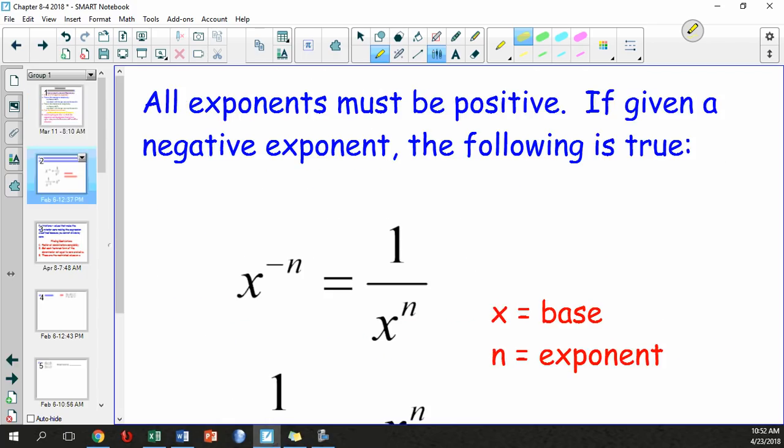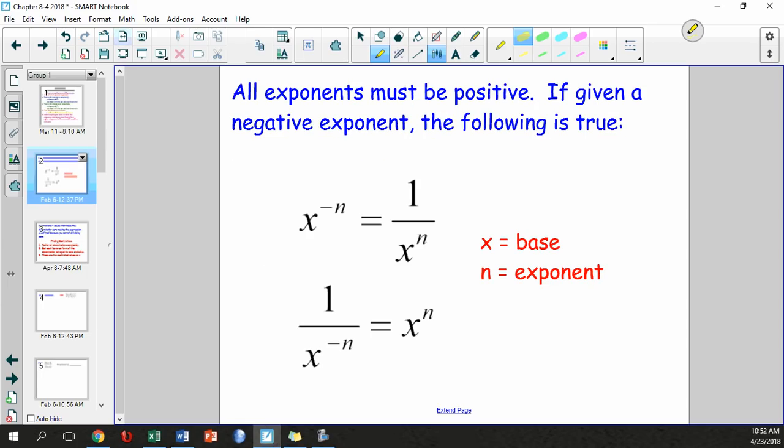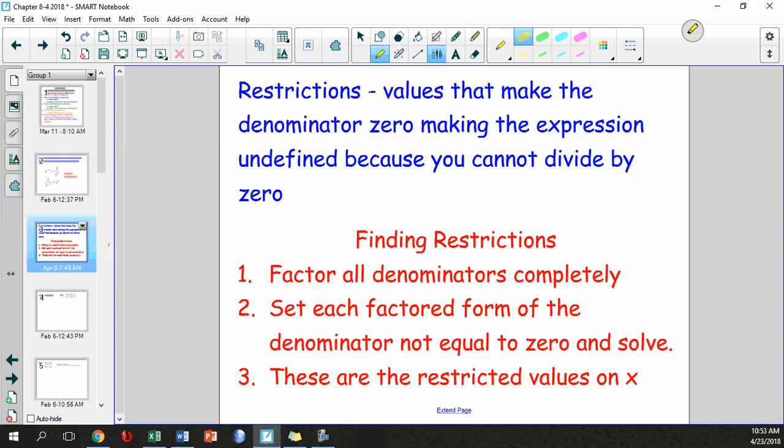And we're going to talk about the next one here, and negative exponents. And we already talked about this briefly. If I have a negative exponent in the numerator, to make it positive, it goes to the bottom. If it's in the bottom, to make it positive, it goes to the top. So nothing new there. Okay? The next thing, restrictions, are values that make the denominator 0, making the expression undefined because you cannot divide by 0. Those are restrictions.